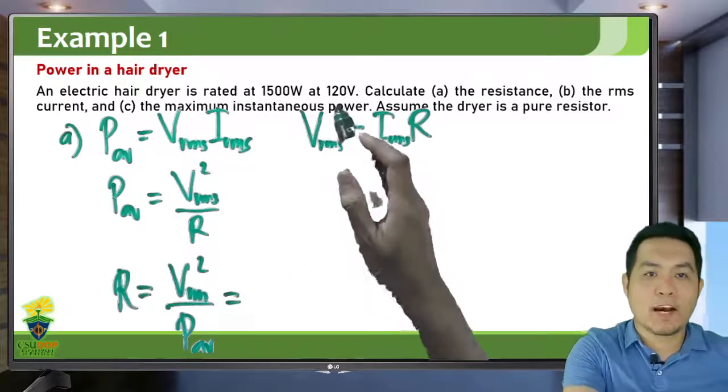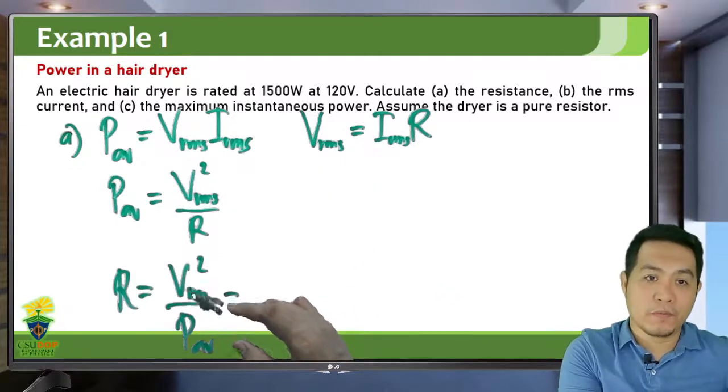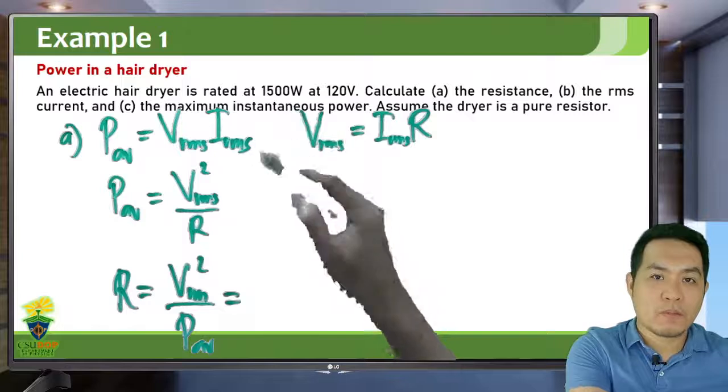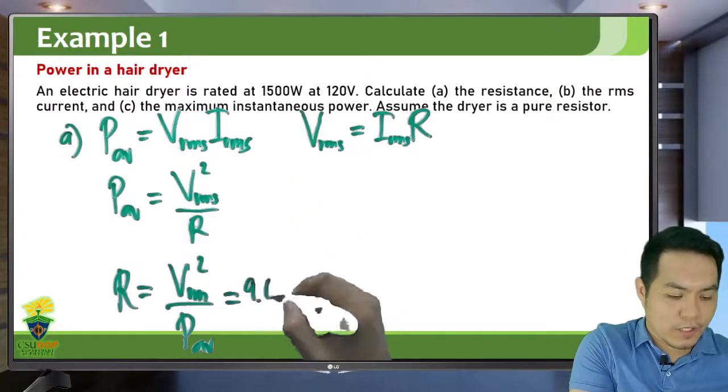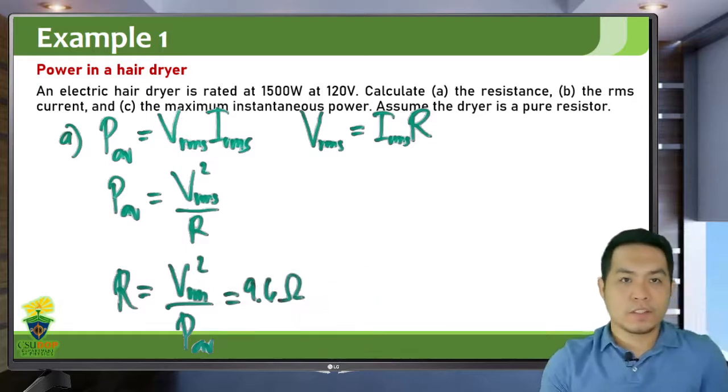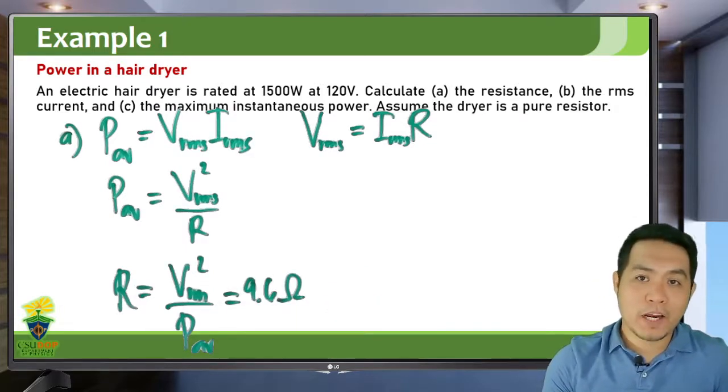So you will have 120 volts squared divided by 1500 watts, and you will get 9.6 ohms. That is the resistance of our hair dryer.